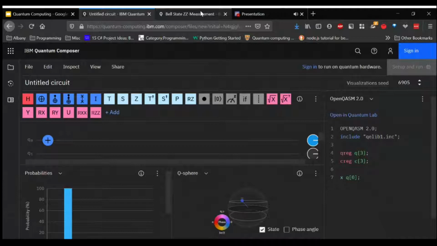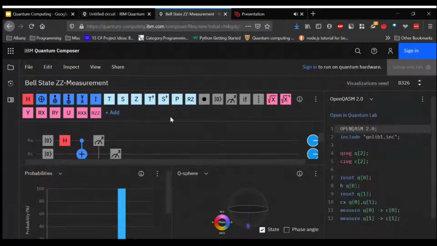And as another example where there's an actual algorithm displayed, this is the Bell state, which demonstrates entanglement.